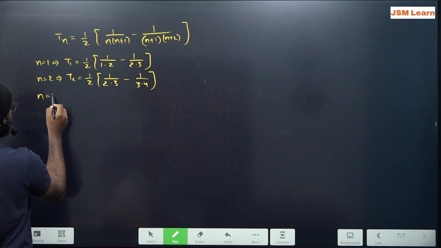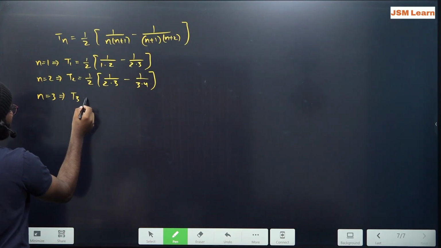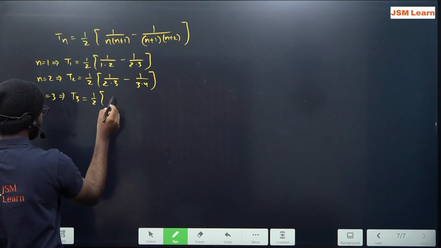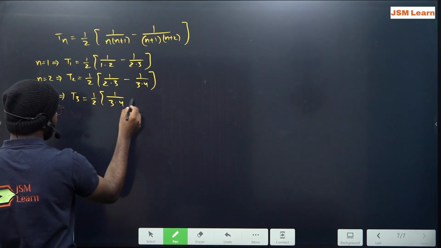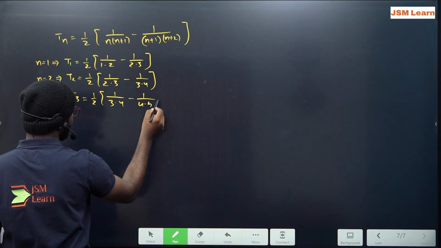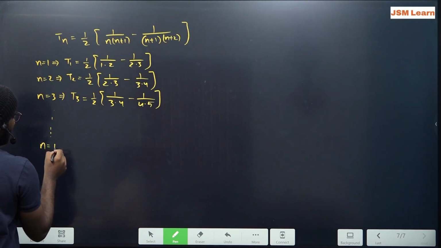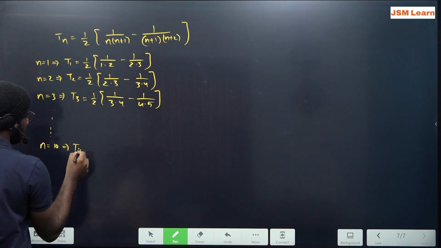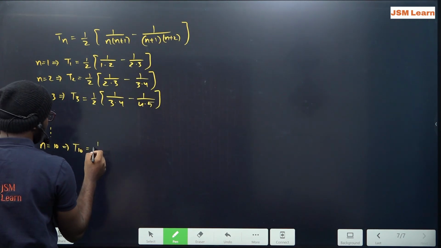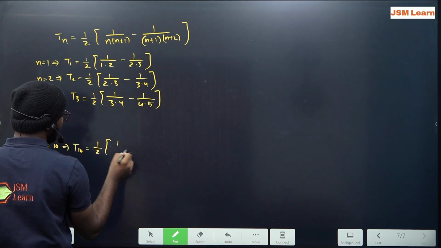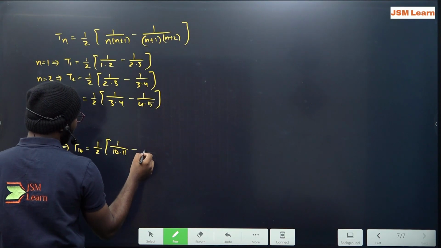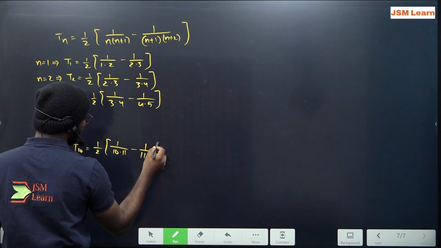Next n is equals to 3. So here we will get the third term of this sequence, that is equals to 1 by 2 times 1 by 3 into 4 minus 1 by 4 into 5. Up to n is equals to 10, that is equals to T10, that is equals to the 10th term, right? So 1 by 2 times 1 by 10 into 11 minus 1 by 11 into 12.